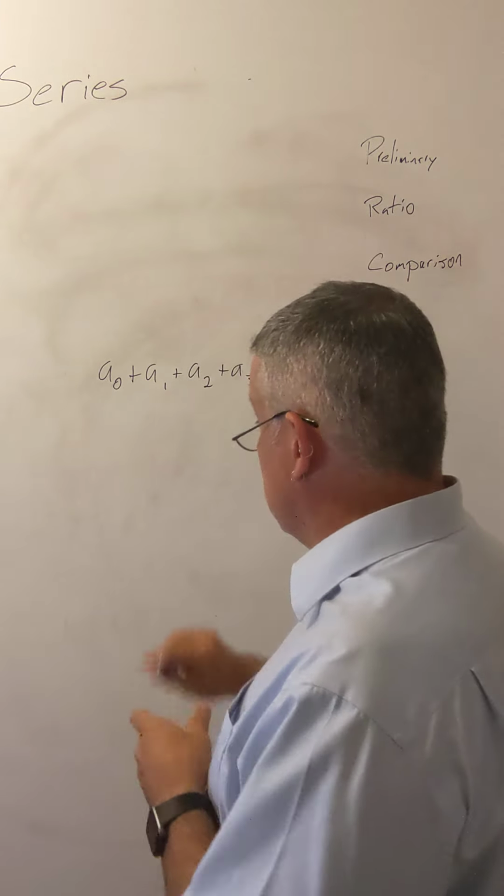If r is less than 1, then the terms are getting smaller and smaller, exponentially, geometrically fast, and that turns out to be sufficient to prove that it converges. And if r is equal to 1, then you actually have to go back to the drawing board and try again.